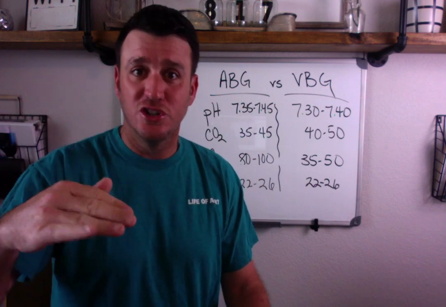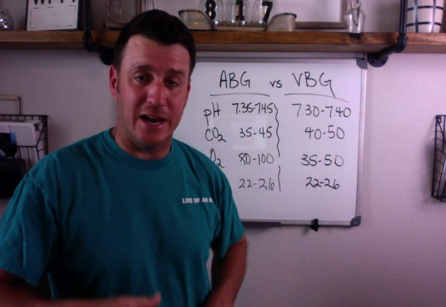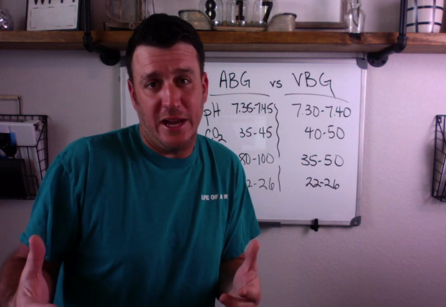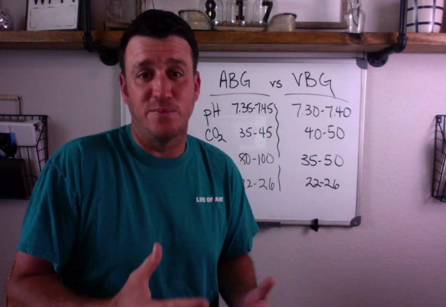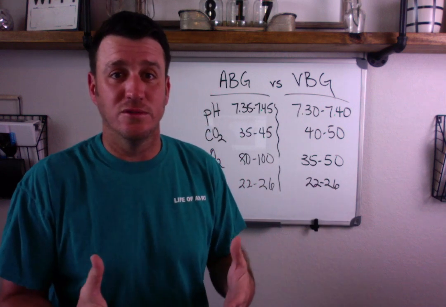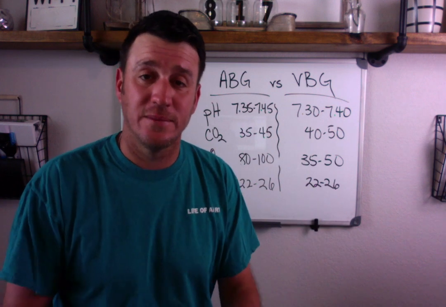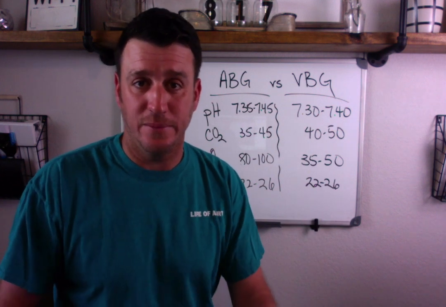Not much, just slightly. And it's still going to show with an acidotic pH. So your arterial blood gas, when you go back and redraw it, is probably going to come in around 7.15 with a CO2 of 65. And in that case, you're probably going to have to intubate that patient.